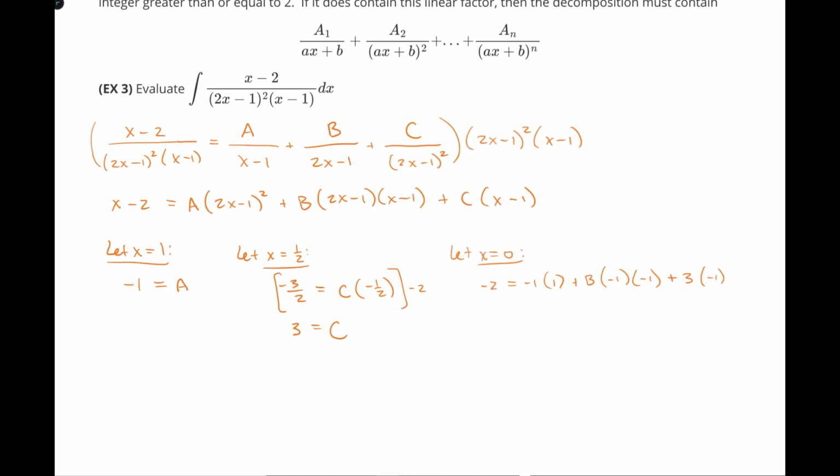So, like I said, the only variable remaining is b. So let's simplify. So negative 2 equals negative 1 plus b minus 3. So then if I add 4 to both sides, that would cancel out the negative 1 and the negative 3. And if I add 4 over here, that would give me positive 2. So b equals 2.